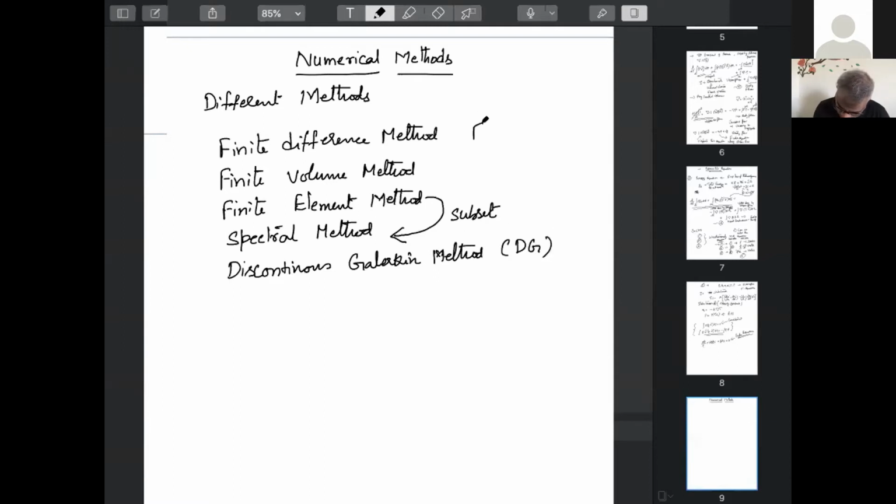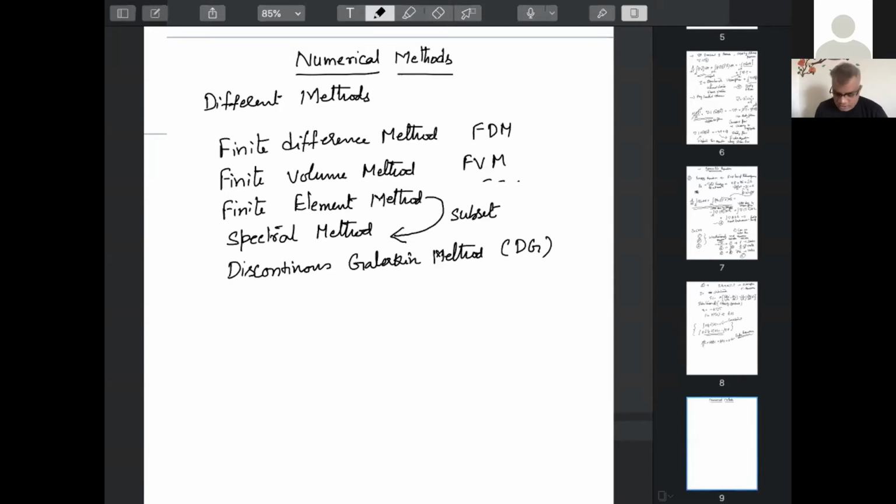So these are FDM, FVM, FEM, spectral methods, and DG. These are the most famous methods that people use in solving partial differential equations.